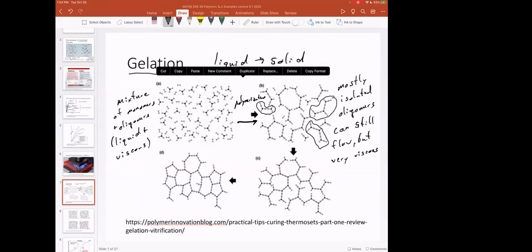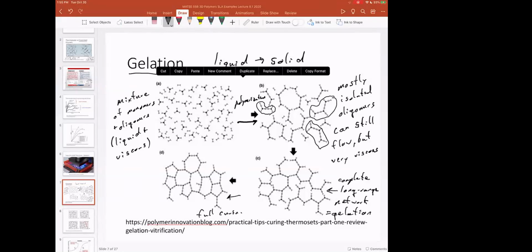When you have mostly isolated oligomers, this can still flow, but it's very viscous. And right at the point where you complete the long-range network, this is gelation. The material can't flow anymore, we go from a viscous liquid to a gel state, and then finally you have full curing.